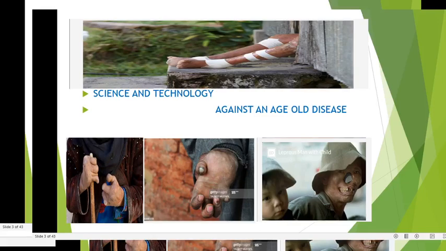You know what is the reason behind this? Yes, this is because of leprosy. Leprosy is a type of infectious disease, and here leprosy is responsible for the condition of this horrible situation.